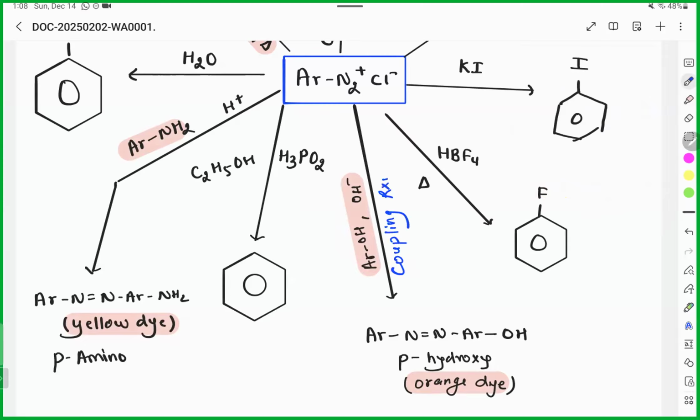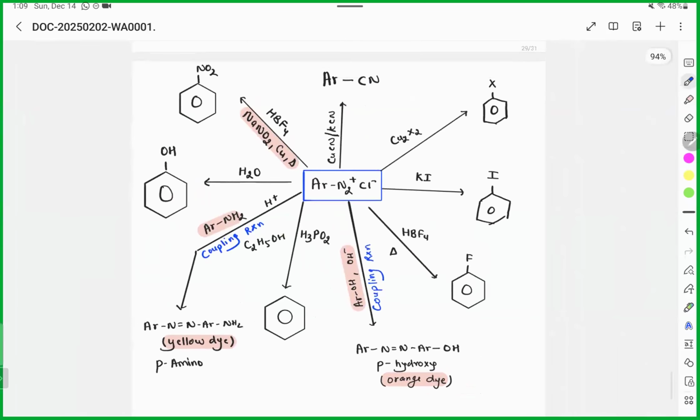This is also a coupling reaction. So whatever we did today, this page is the summary. We didn't miss anything important using this.